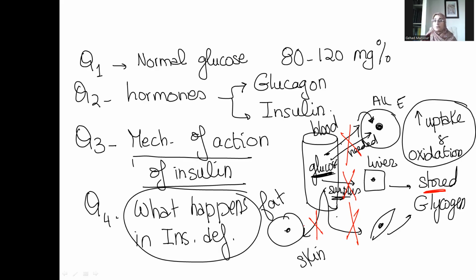But is it enough to say this? Is it enough to say that if I don't have insulin, then there is no uptake and oxidation by the cells, no storage in the liver and muscles, and no storage in the skin as fat?